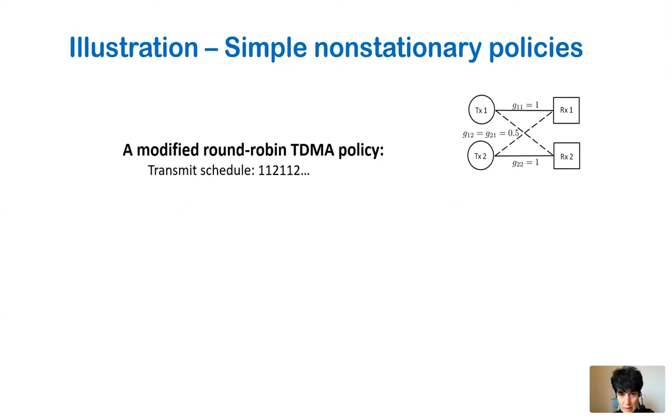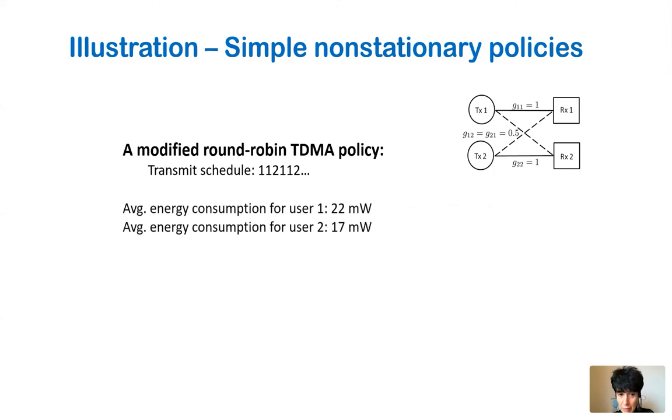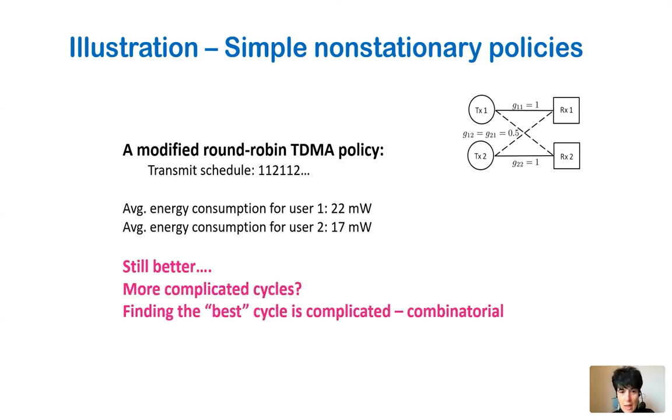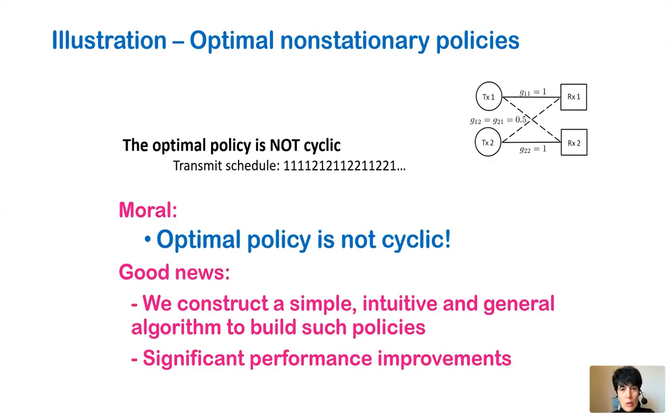Well, we can modify the round-robin TDMA policy as follows and allow the first transceiver to transmit more often. In that case, the energy consumption is improved even further. So this leads to an even better performance. The reality is that finding the best cycle is really complicated. It's combinatorial.